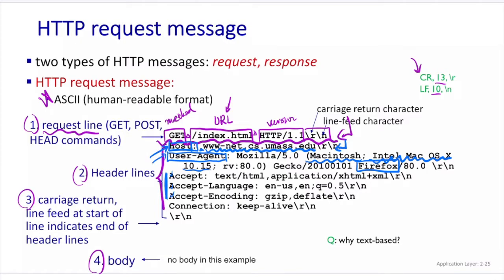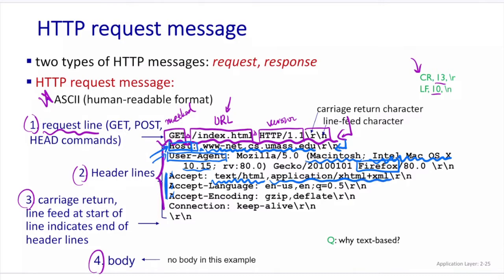Accept means I would like to retrieve the URL, which is index.html. But when you send these resources back to me, I only accept HTML format or XML format.